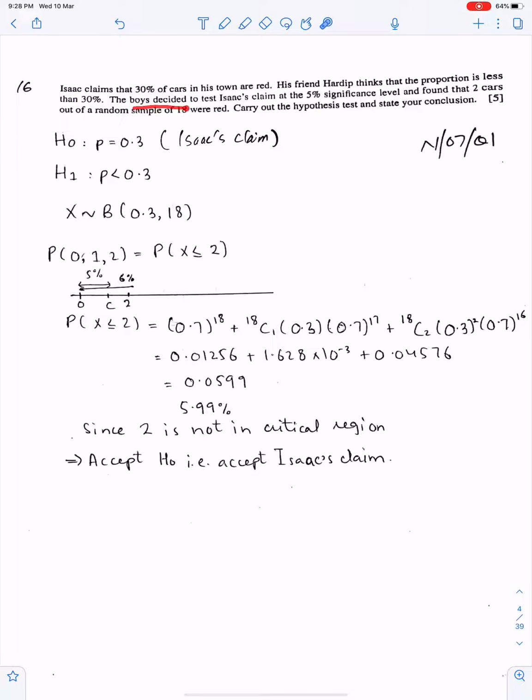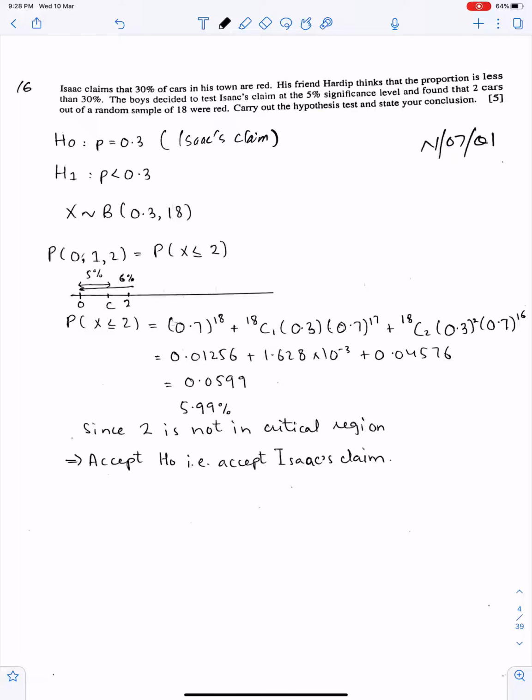The boys decided to test Isaac's claim at the 5% significance level and found that 2 cars, this is the test value, out of a random sample of 18, this is n of binomial. Carry out the hypothesis test and state your conclusion.